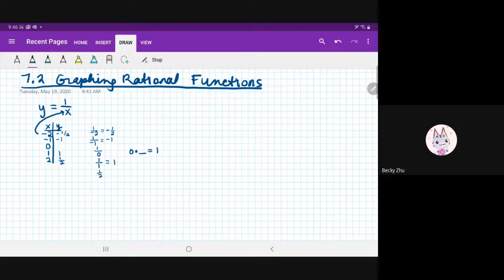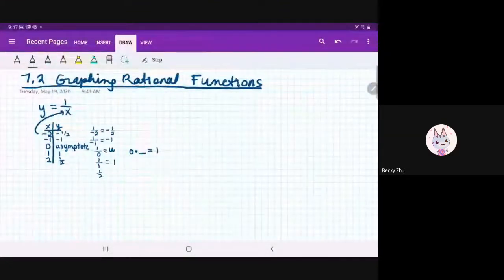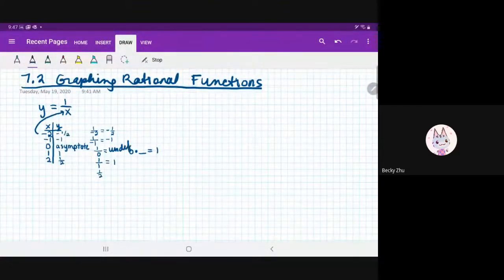Yeah, it's none. So this is nothing. Okay, so what we're going to write here actually is ASYMPTOT. Over here I can put, it's called undefined.